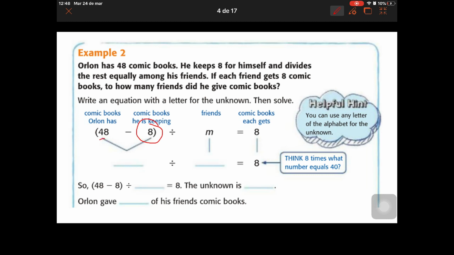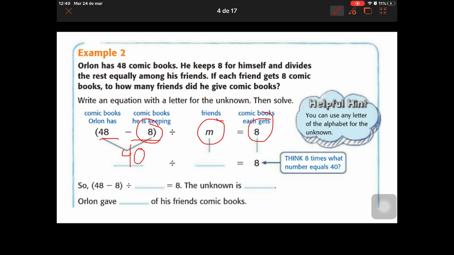Here we have the equation, 48 minus 8 that he's keeping, and everything that he has after that, he's gonna divide between I don't know how many friends, and we know that he will give 8 books to each friend. So we have 48 minus 8 equals 40.